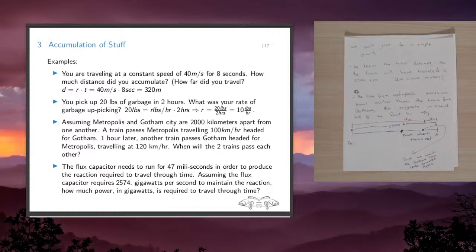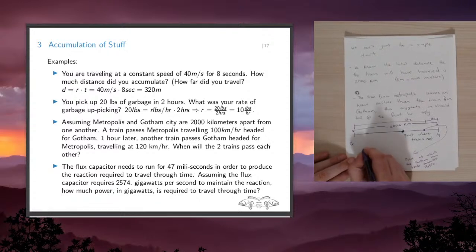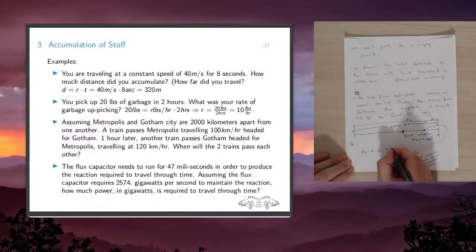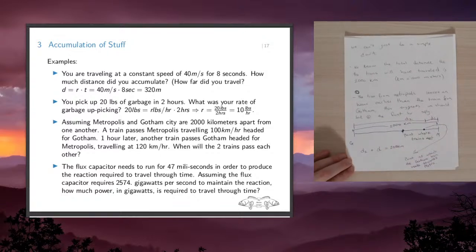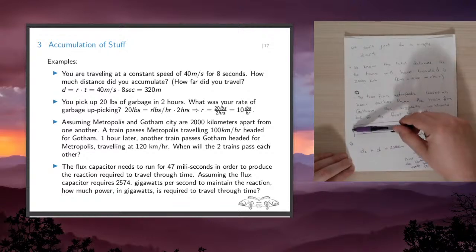Let's make a seemingly obvious but useful observation. Notice that D2 plus D1 equals 2,000 kilometers. Whatever this distance is, plus the rest of the way gives you the whole thing.